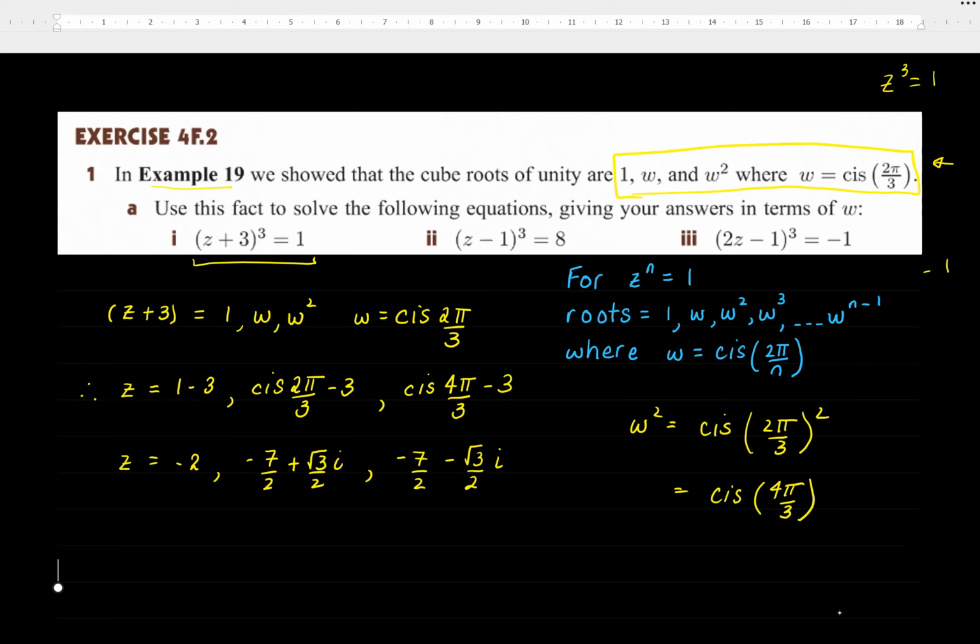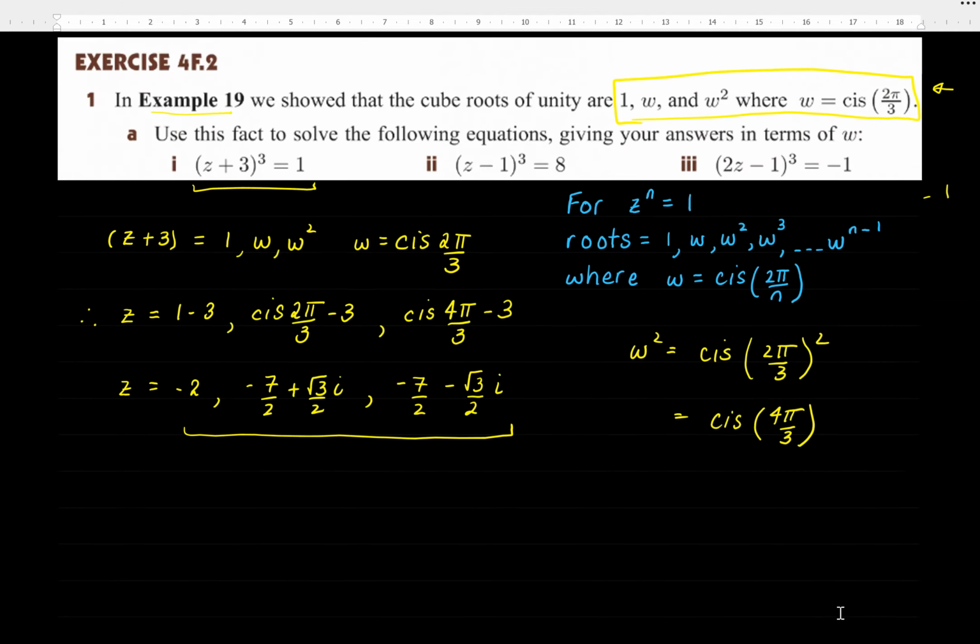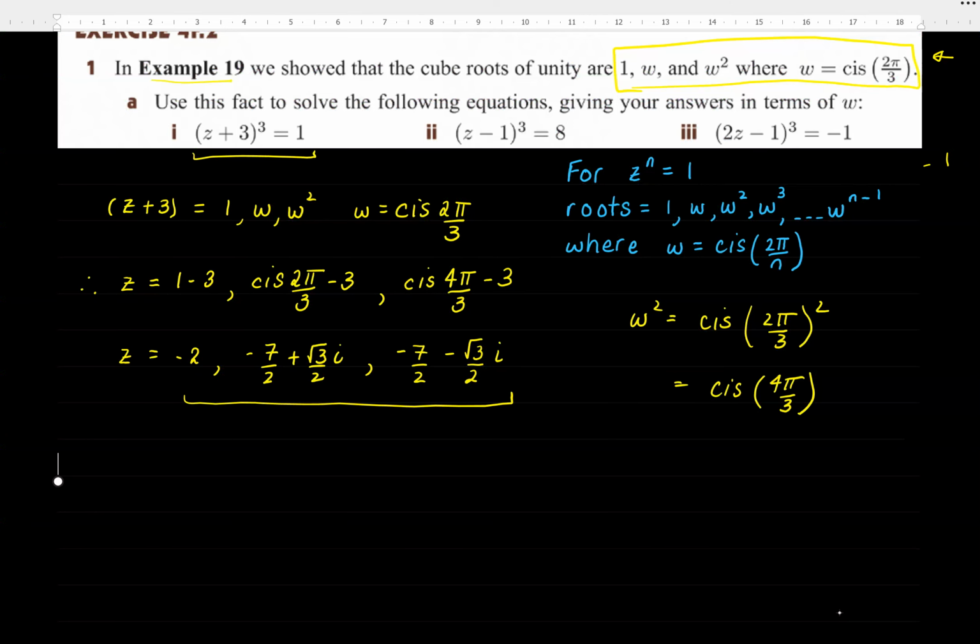Now, what does this actually mean? Well, if these are my roots, doesn't that mean that I can factorize it? So using these roots, I would have a factor of z plus 2 from minus 2. And then with these two complex conjugate roots, I can use sum and product to work that out.